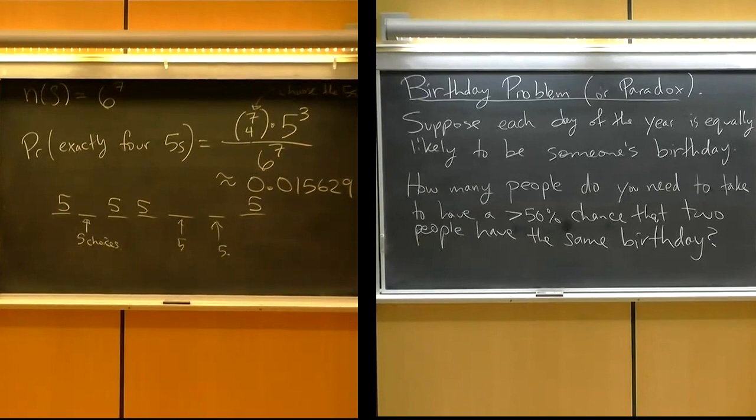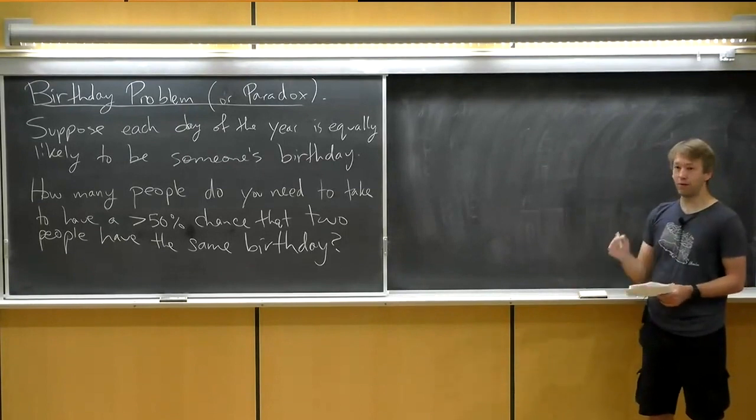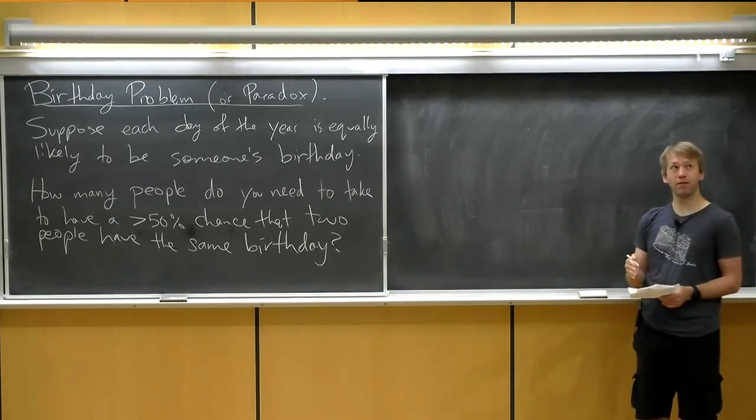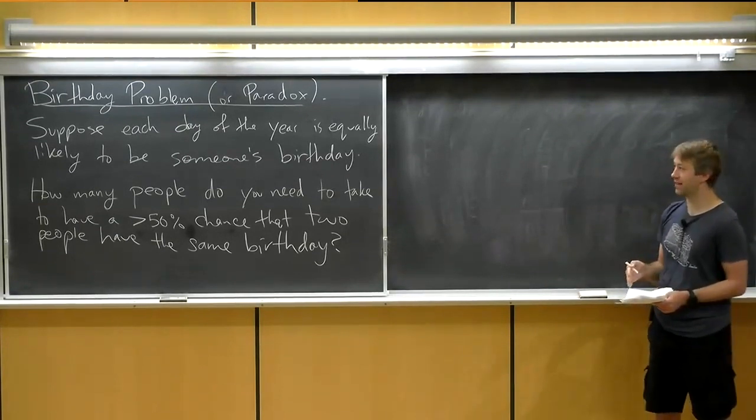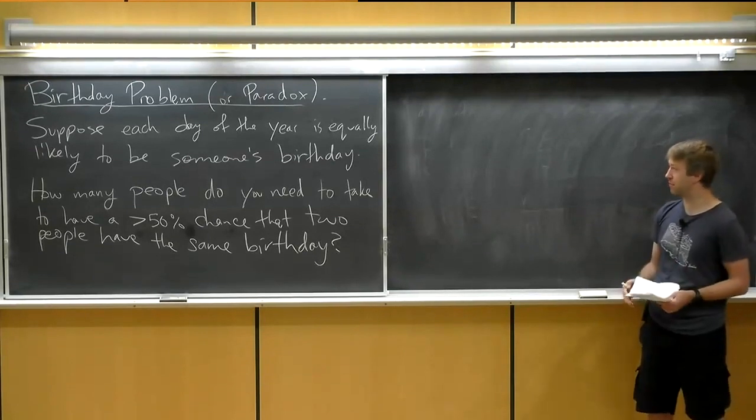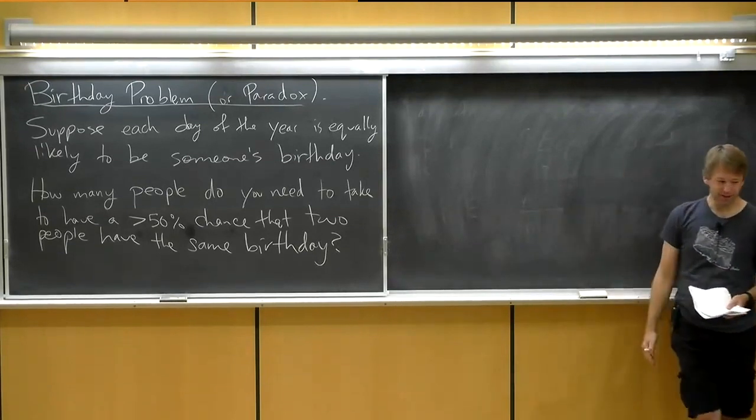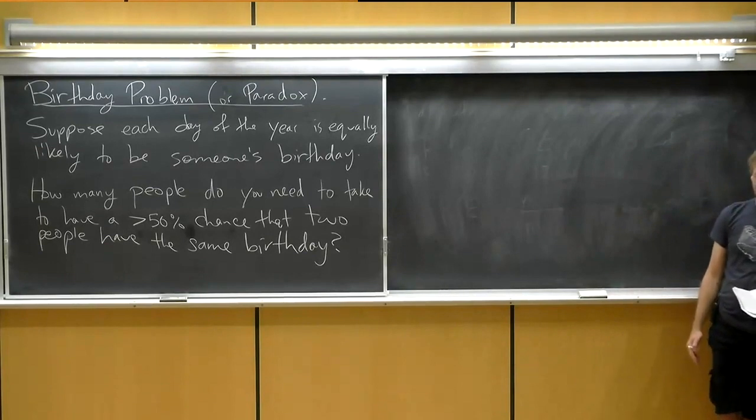So you're kind of saying something like, intuitively, you would at least think that if you've got more than 365 over 2, it's going to be hard for them to all have different birthdays. That is a guess that naturally comes to mind.